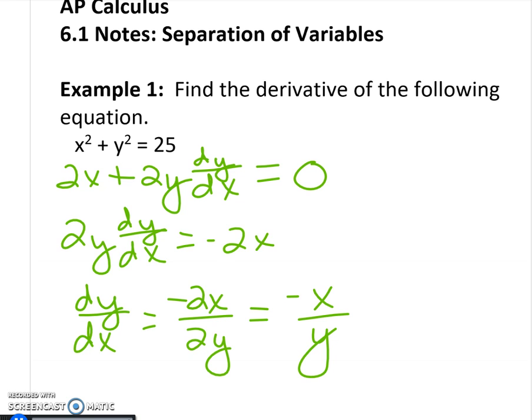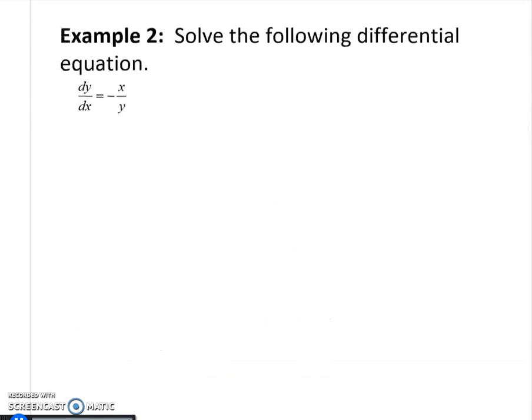And in fact, we've previously discussed that anything that's an equation of a circle centered at the origin, which is x squared plus y squared equal to any constant, like 25, your derivative is going to be negative x over y. So I know that my answer to this equation is already x squared plus y squared equals some constant. But let's look at how we could get there.